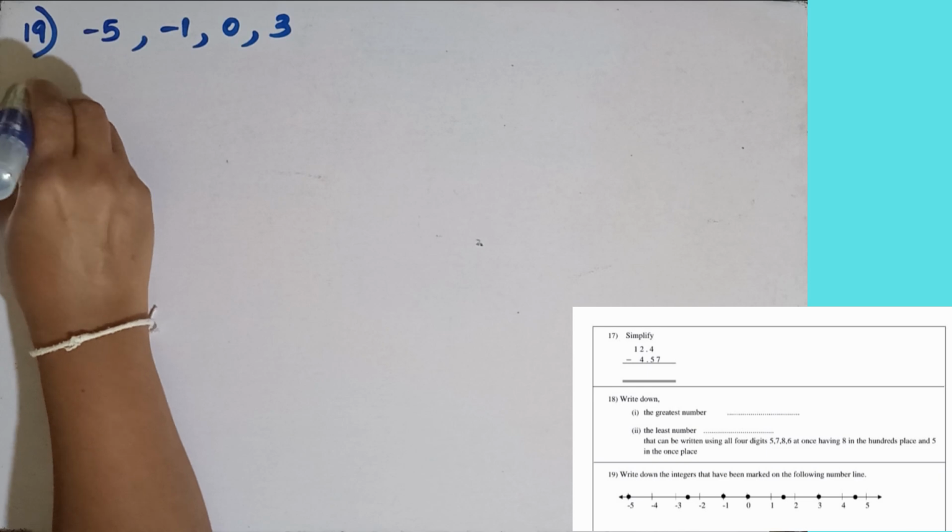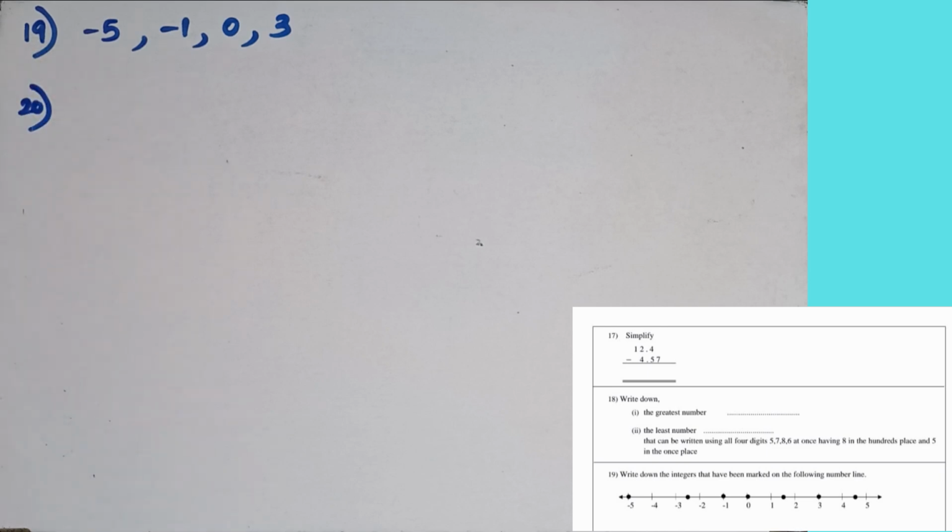Question number 20. There are 20 coconut trees in an estate. The following table shows the number of coconuts plucked from each tree. The number of coconuts plucked from a tree is 10. Number of trees is 4. 10 coconuts with 4 trees.